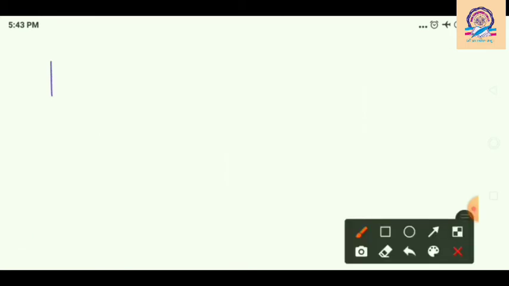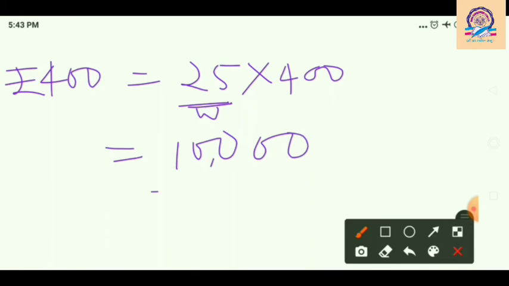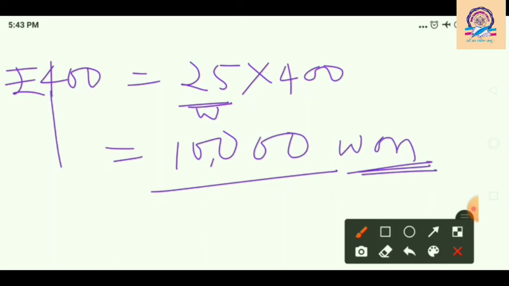So 400 rupees is equal to 25 multiplied by 400. This is won, remember it. Now 25 4 ja it is 100 and 2 more 0 means 10,000. So we have converted 4 rupees and 400 rupees. So we can say that 400 rupees make 10,000 won.